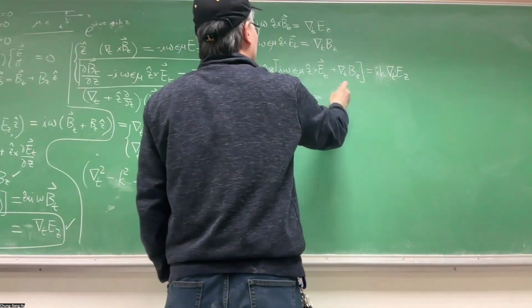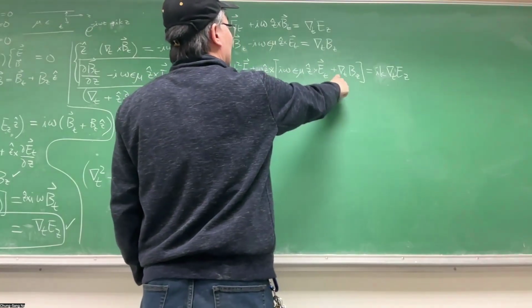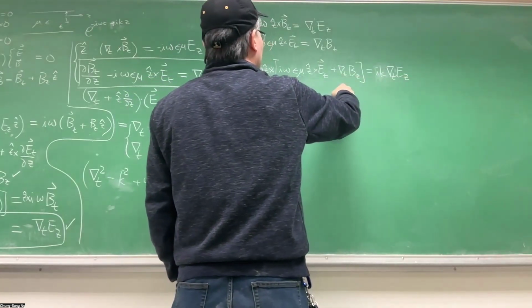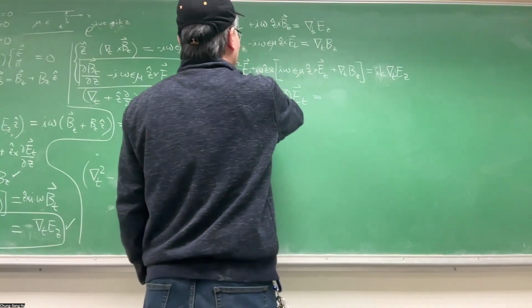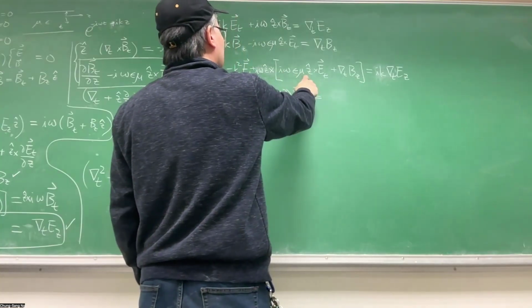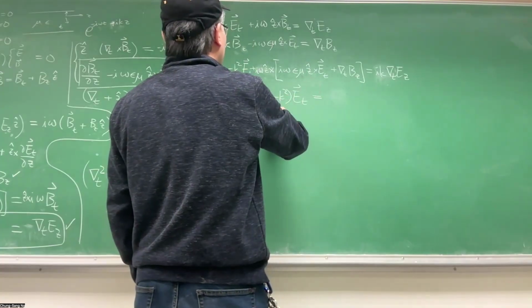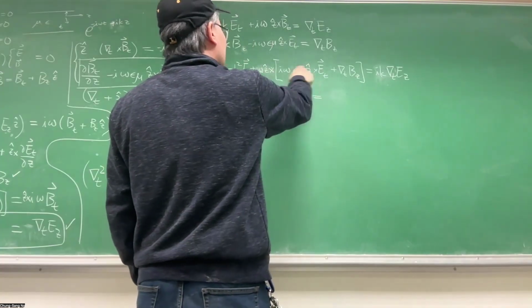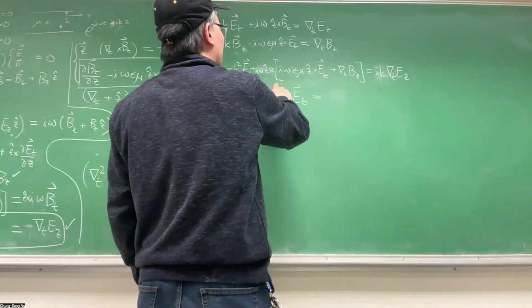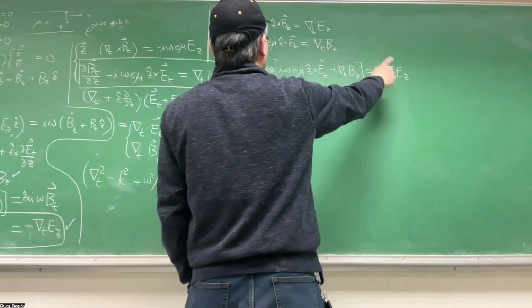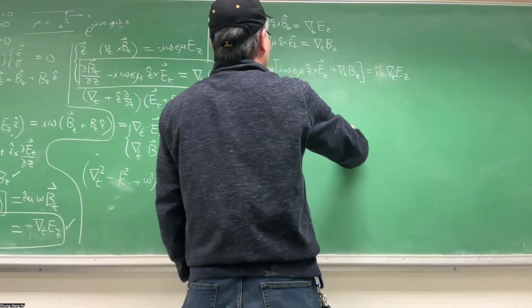Oh no, there's the two terms. This term moves to the other side, right? Because I'm just combining these two terms. I'm combining this one cross into this one, and you have still this term. You move that to the right hand side.